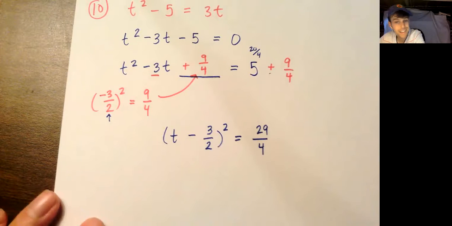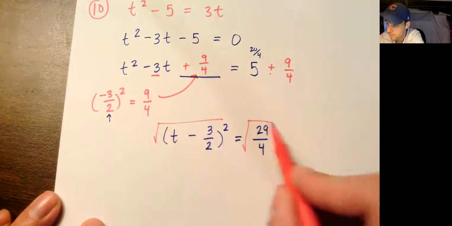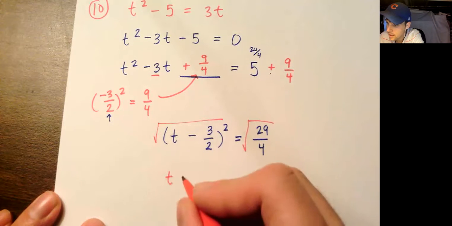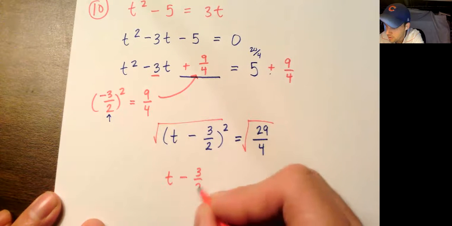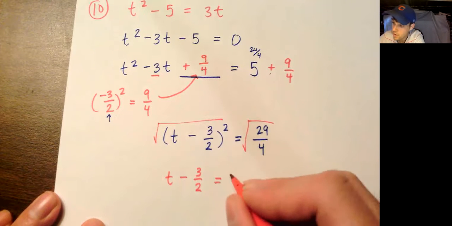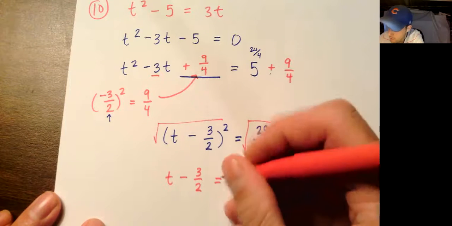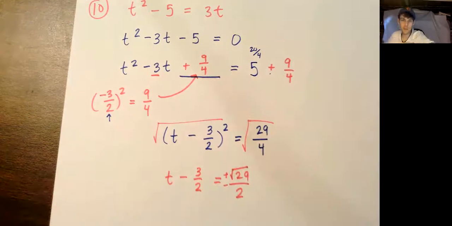All right, and from here we solve it. We take the square root of both sides. We get t minus 3 over 2 is equal to the square root of 29 over 4, which is really the square root of 29 over 2. Remember, plus or minus, because we're solving, we always have to account for both the positive and negative root.